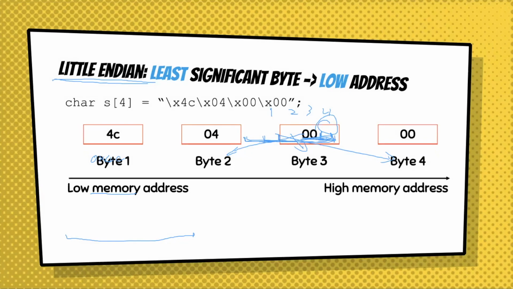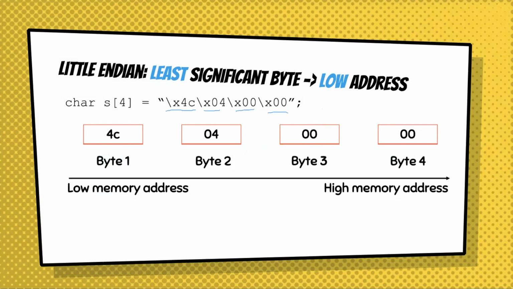Okay. Let me clear this up. Right, and then what if we have a string? If we have a string, it starts with hex 4C, followed by hex 04, and then 2 hex zeros.